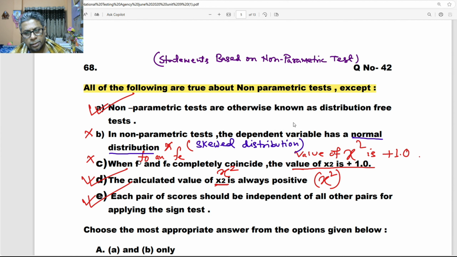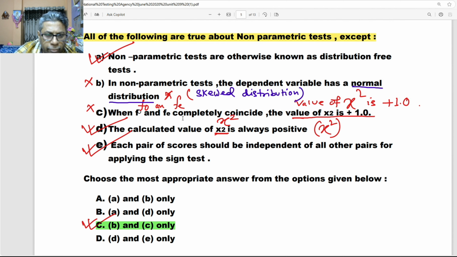Next, C. When Fo and Fe completely coincide, the value of chi-square is plus 1.0. Fo means observed frequency, Fe means expected frequency. Completely coincide, the value of chi-square should be plus 1.0. This is the case of C.